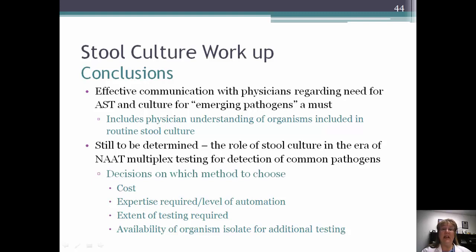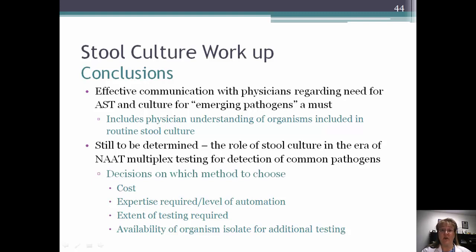Now, still to be determined is what's going to be the role of stool culture in the era of nucleic acid amplification testing. Again, decisions that people need to make are, is the cost worth it for me to do nucleic acid amplification testing? What kind of expertise am I going to need in order to be able to perform testing? Am I going to want to perform a more batched molecular assay, or am I going to want to perform an assay that can be done by all of the technologists in the laboratory?